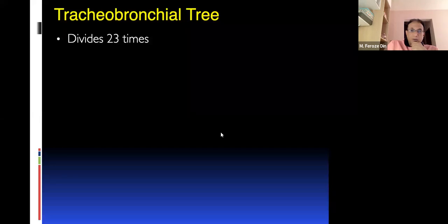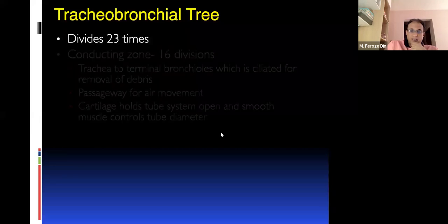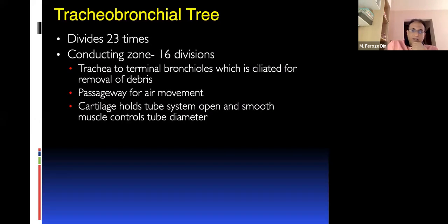the tracheobronchial tree. We must understand that once you have the trachea, it actually divides 23 times. And every time it keeps dividing, it becomes thinner as well as narrower. These divisions, the ones that only conduct the air and are not involved in diffusion, are called the conducting zone or conductive zone.